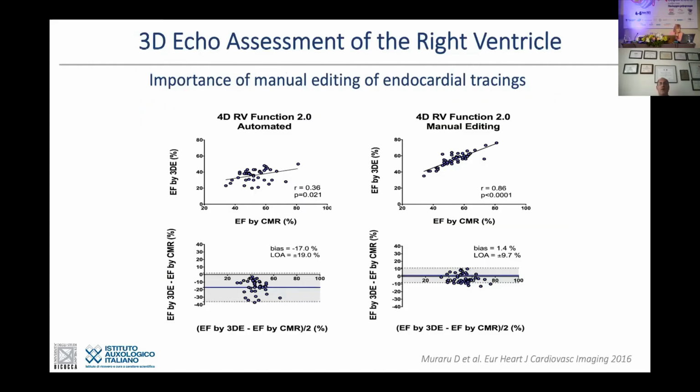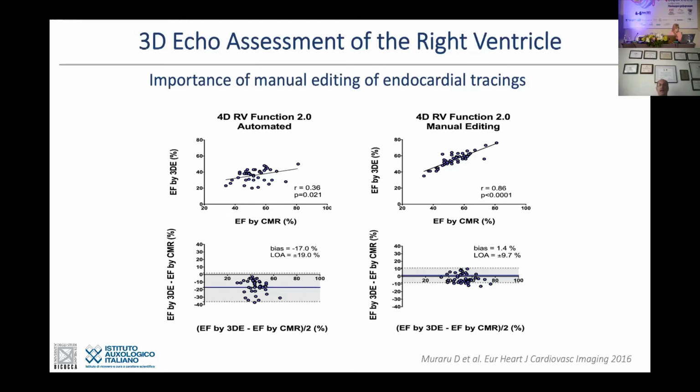However, we also have to underline the fact that none of those software packages can work completely automated, and this is because of the extensive trabeculation of the surface of the right ventricle that makes life tough for any software.